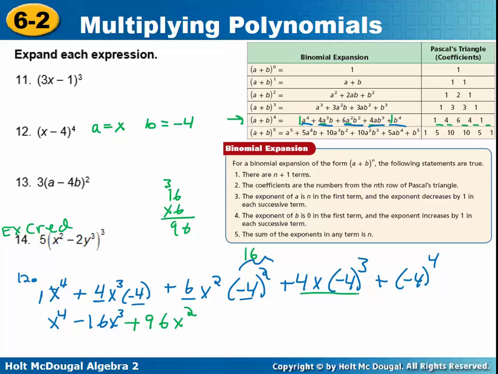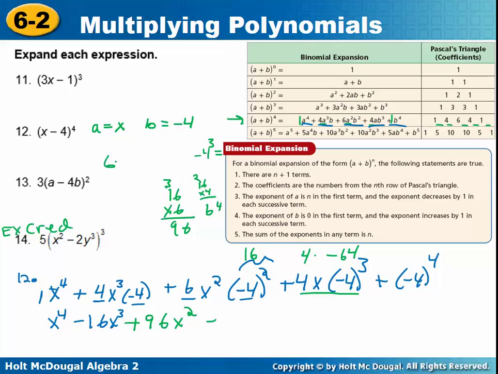Now over here, I have 4x times negative 4 cubed. Negative 4 cubed, and you can check on your calculator. Let's see, 4 times 4 is 16. Times 4 is 64. So this would be a negative 64. Oh, just this part's negative 64. And I still have to multiply that by 4 because of the 4.